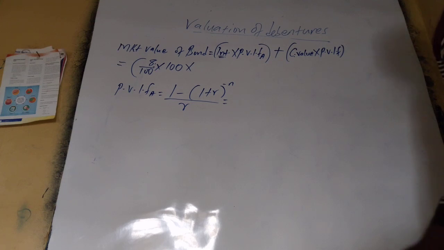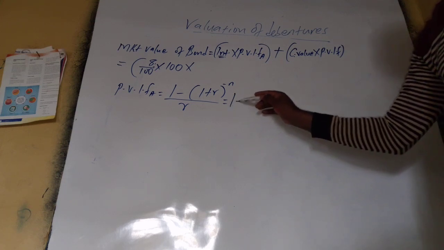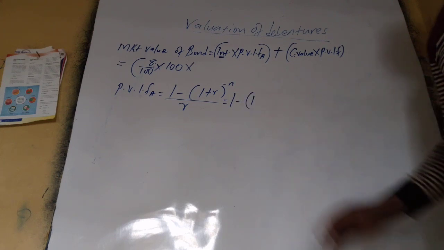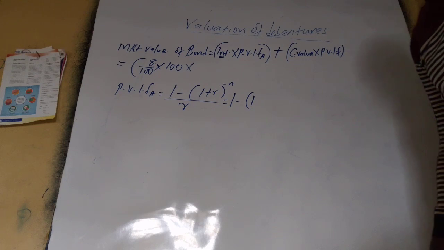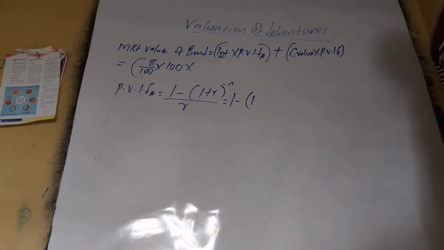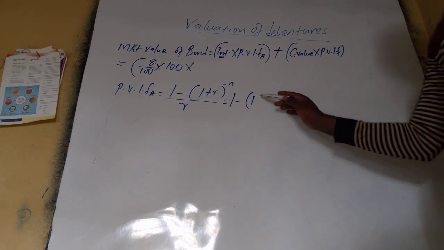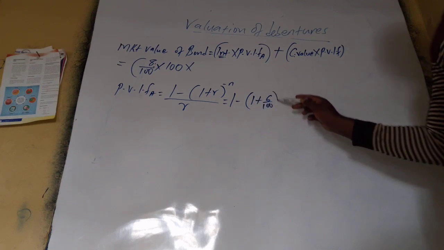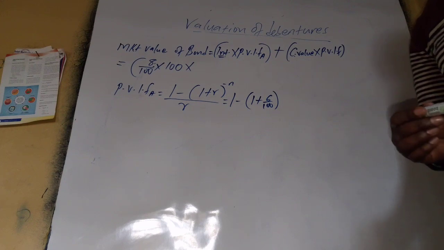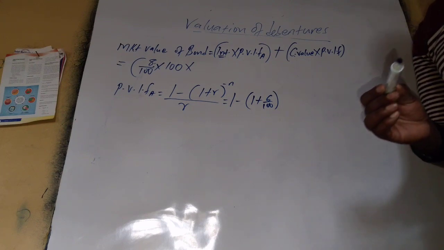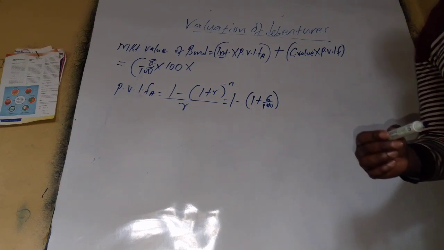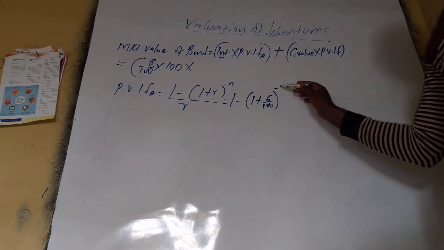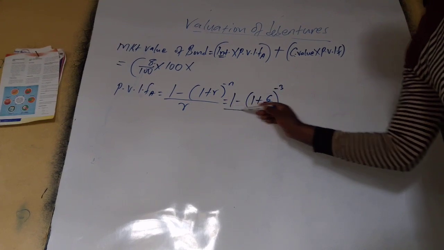Here we have 1 minus into brackets 1 plus my cost of capital or the rate of return for this debt, which is 6%. So it is 6 over 100. Remember, we have been told that it can be redeemed in 3 years' time, meaning here my N is 3 years.